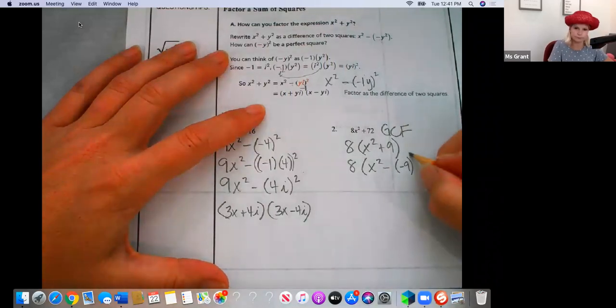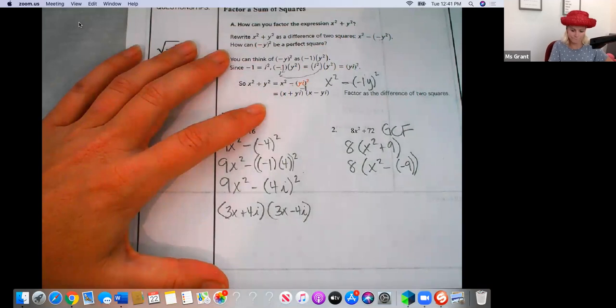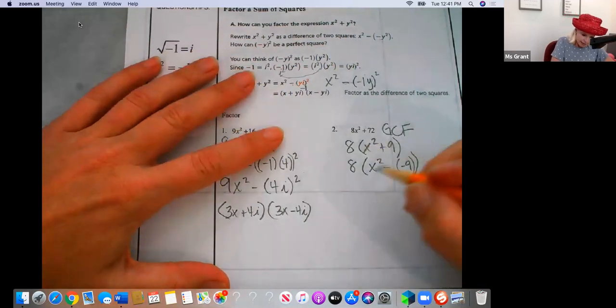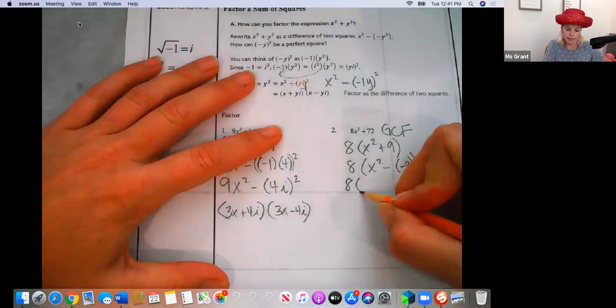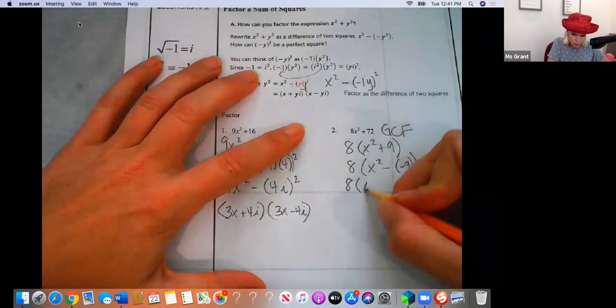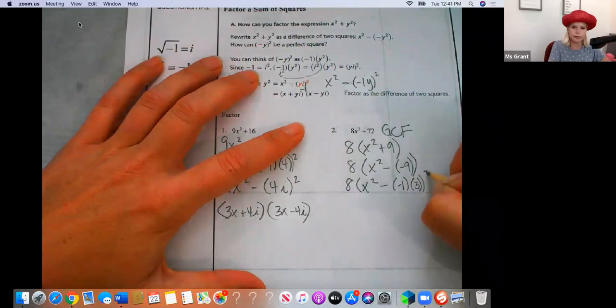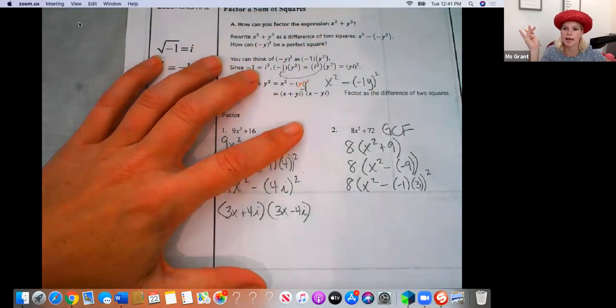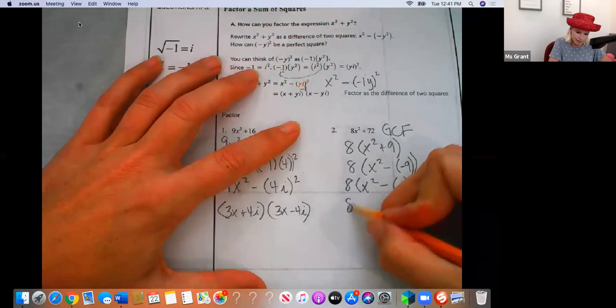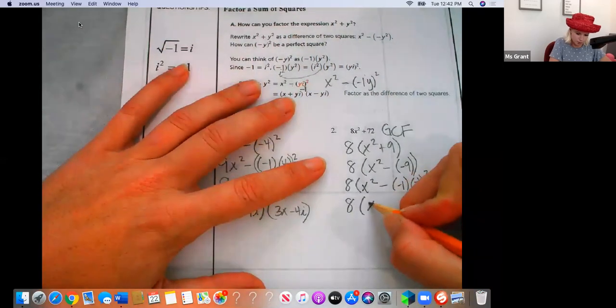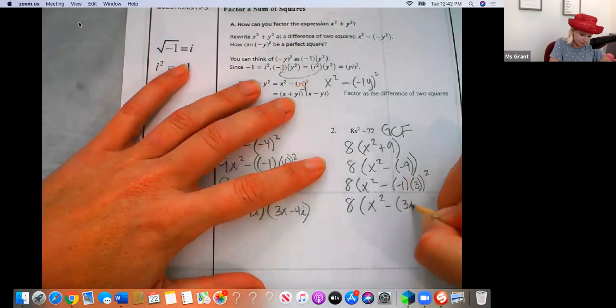Then, ready? 8 times the quantity x squared minus -1 times 3 squared, right? Because 3 squared is the 9, and -1 makes it -9. 8 times the quantity x squared minus 3i squared.